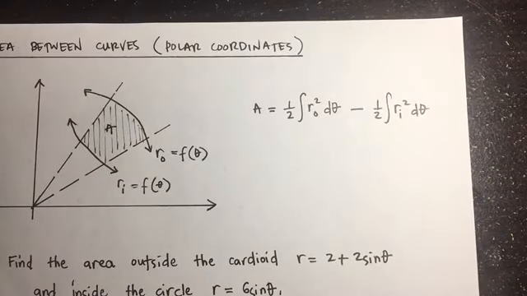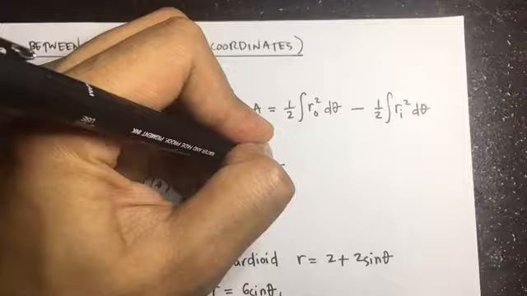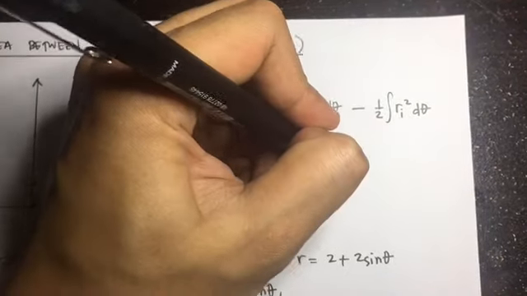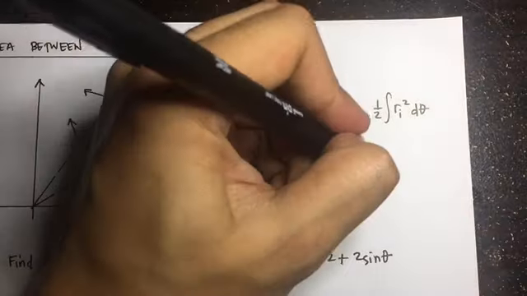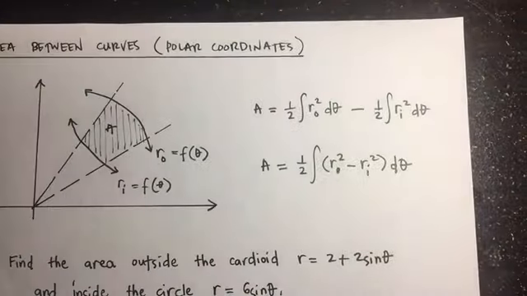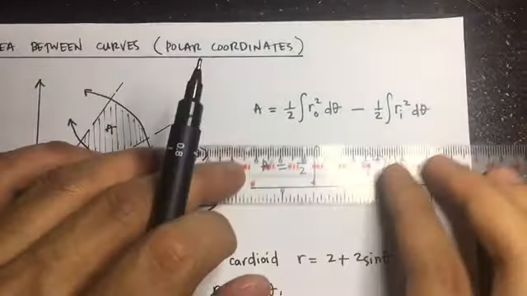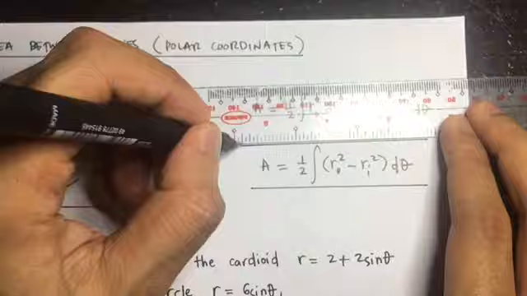Therefore, we can simplify our area as 1/2 integral of Ro squared minus Ri squared d theta. We can use this formula to solve for the area between two curves.